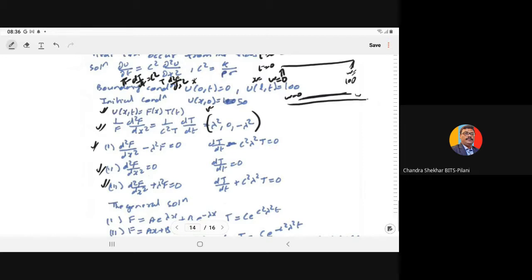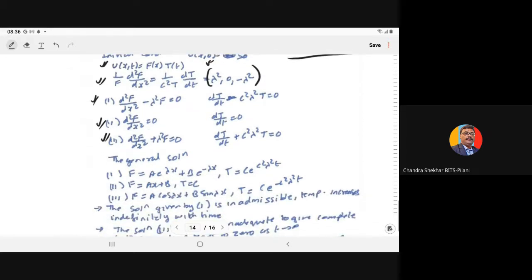The general solution of the first case is F equal to A e to power lambda x plus B e to power minus lambda x, and T equal to C e to power c square lambda square t. For the second case, F equal to Ax plus B and T equal to C. And for the third, F equal to A cos lambda x plus B sin lambda x, and T equal to C e to power minus c square lambda square t.